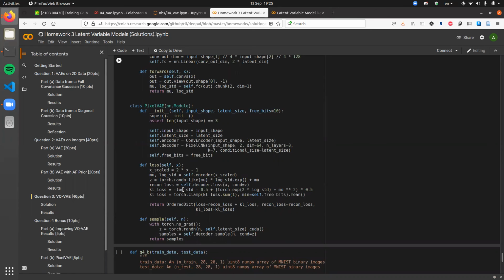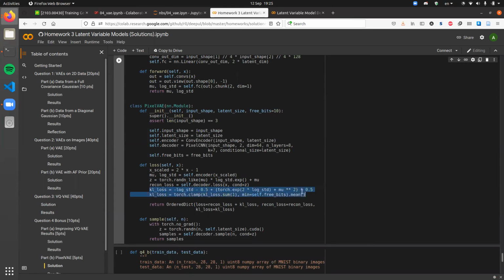Instead of taking the KL loss as it is, this line takes the maximum of the KL loss and some constant, in this case one which represents 3 bits.